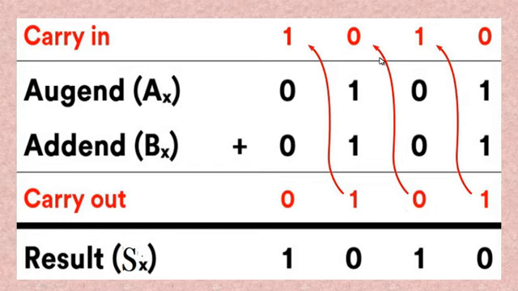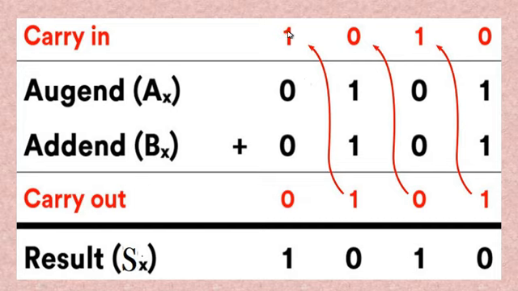Now next, this carry out 0 is added to the third LSB. Therefore, addition of this 0 plus 1 gets 1. This 1 plus 1 again is 10, meaning carry out 1 and sum is 0. So sum 0 is written here.